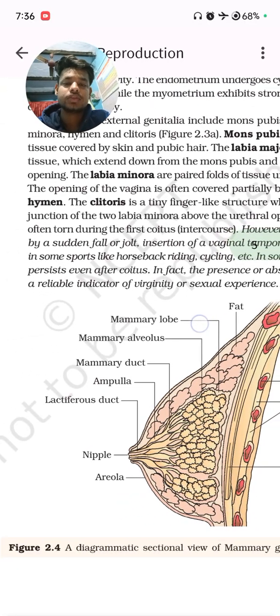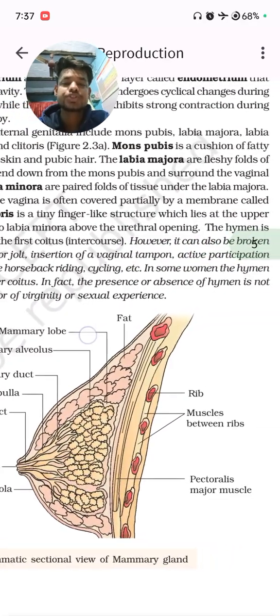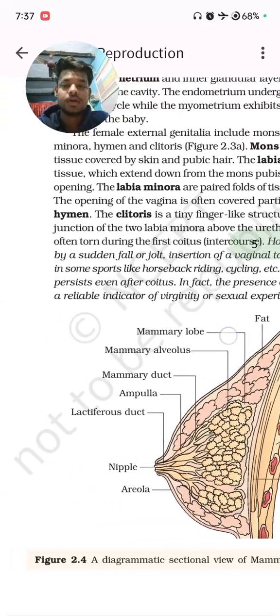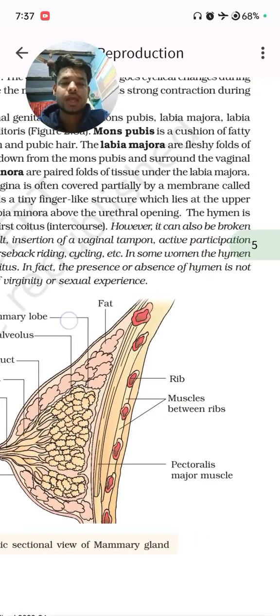The clitoris is a tiny finger-like structure which lies at the upper junction of the two labia minora above the urethral opening.